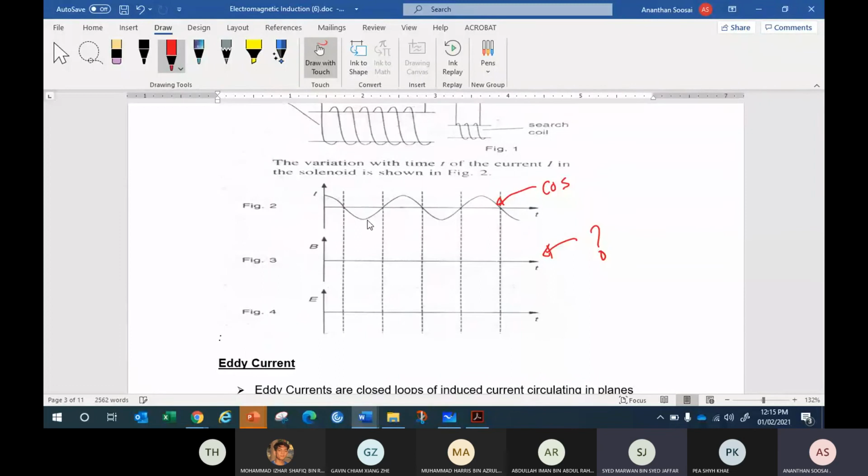So the current changes as cos, so B will also change as cos. The magnetic field also changes in a cos pattern, the same pattern as above. This is also going to be cos. Okay, come on, predict for me, the EMF is going to be what graph?